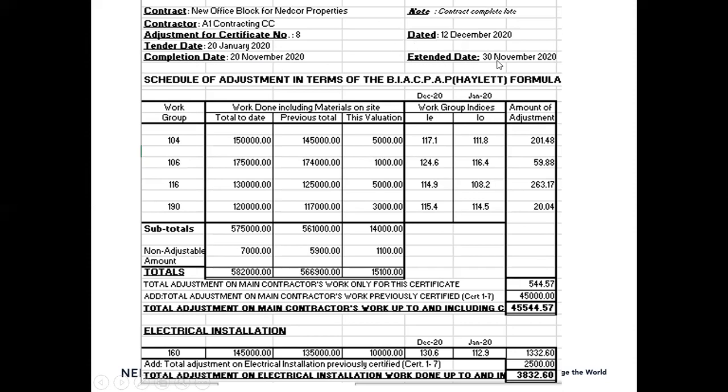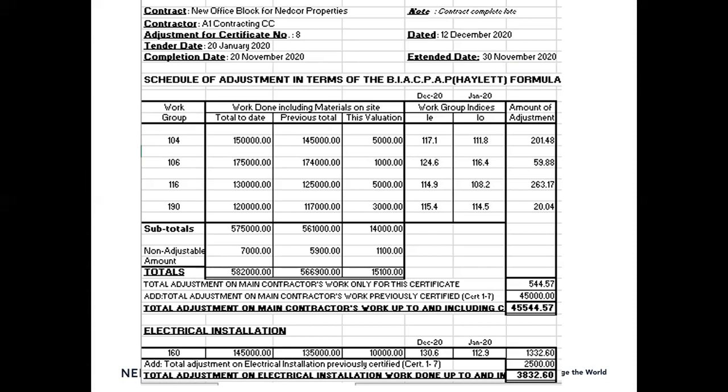If you look at the extended date, the contractor will claim extra days because there is perhaps inclement weather, or whatever the case might be. In this case, the contract is now extended to the 30th of November. And the principal agent or the architect, in most cases, will then agree on the extended date. In other words, he will award, in this case, an additional 10 days. You'll see right at the top, in this case, the contract is late.